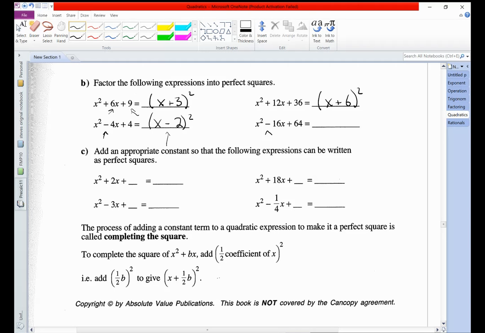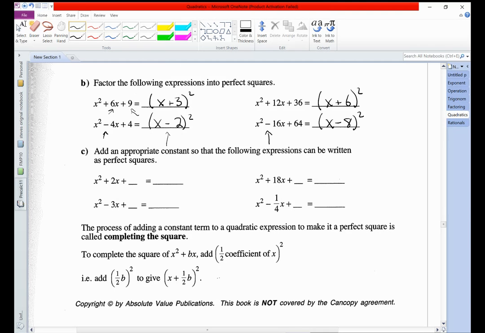Again, in the next one, because I have a negative coefficient in the middle, it's going to be x minus, and then two numbers that add to 16 and multiply to 64: 8. 8 times 8 and 8 plus 8. Those are perfect square binomials.